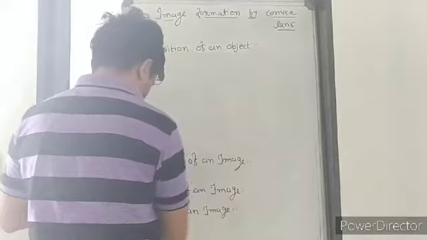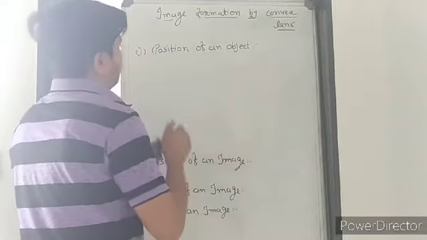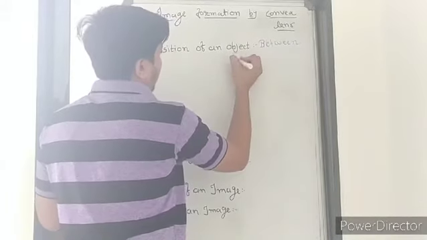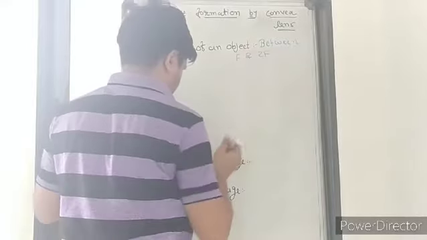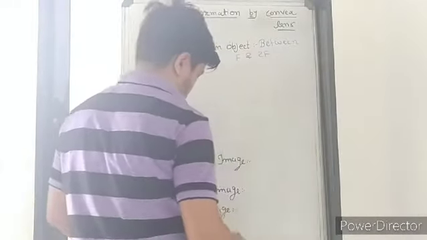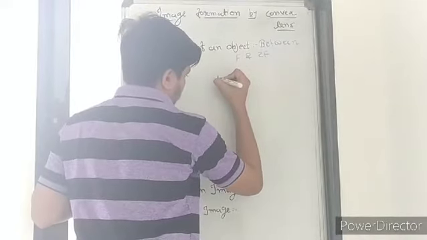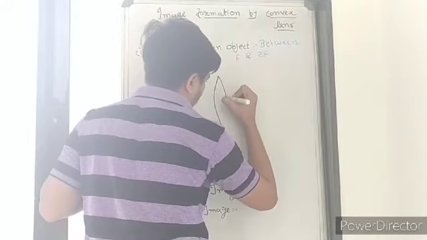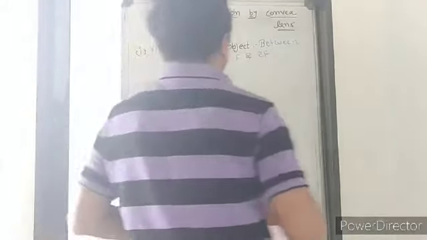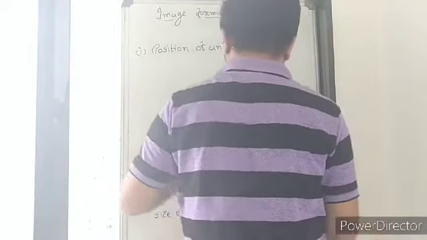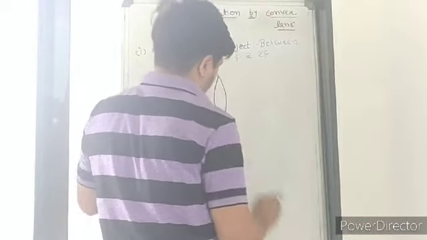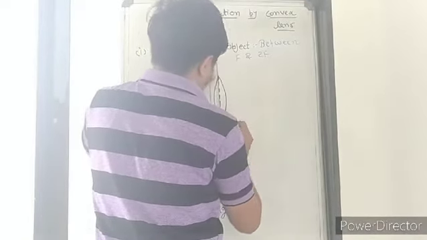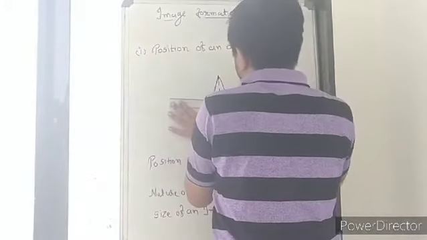Now the fourth. If the object is in between F and 2F, what happens? So here it is our convex lens.